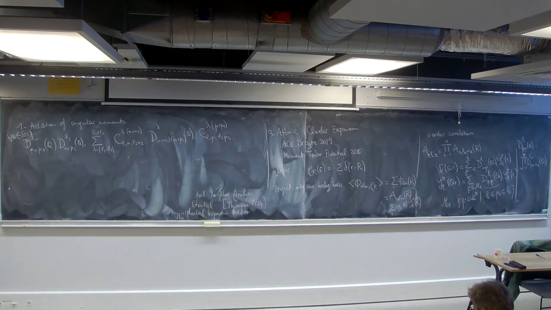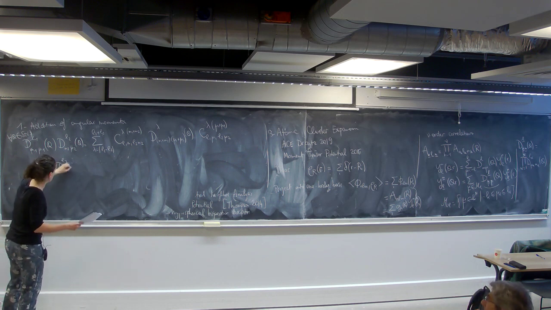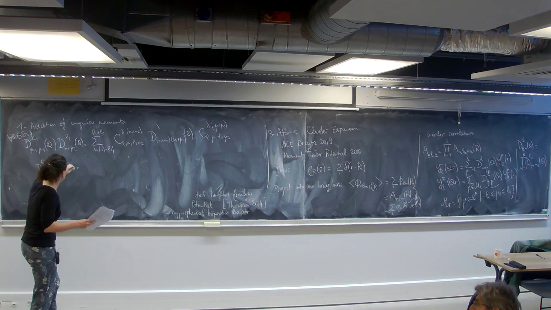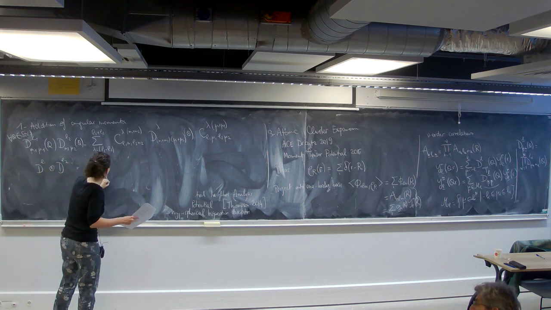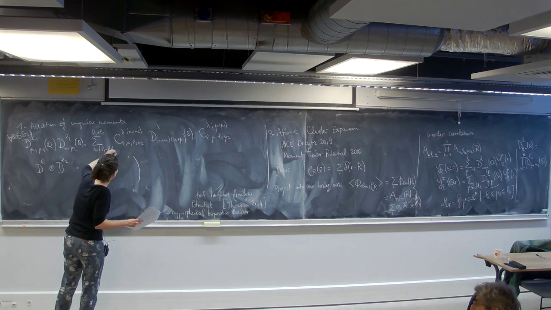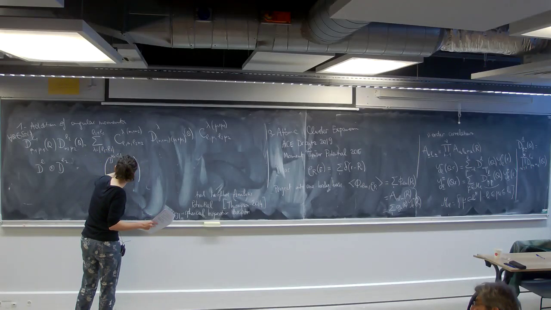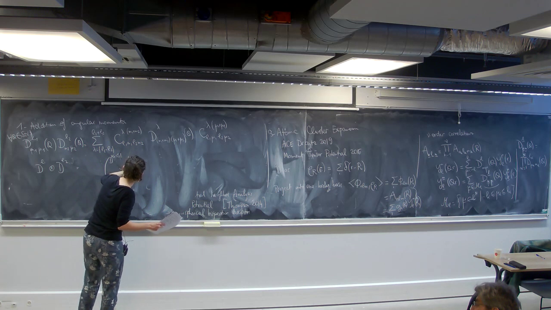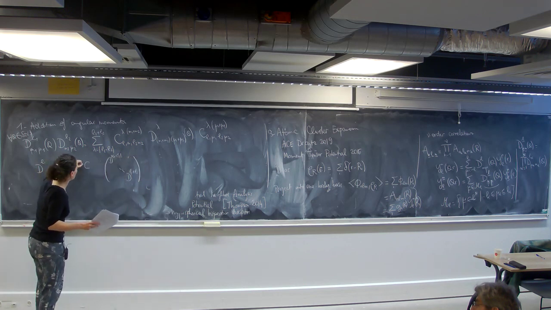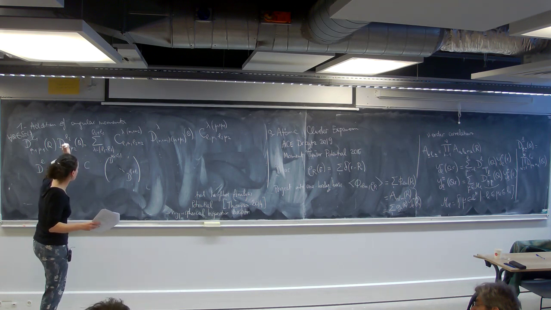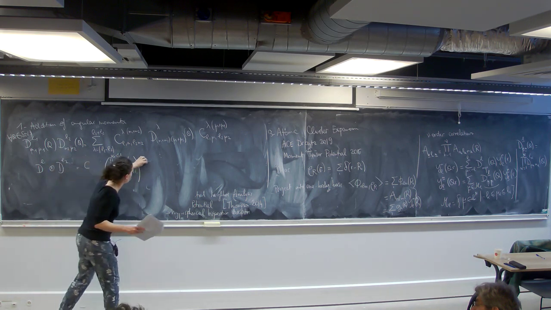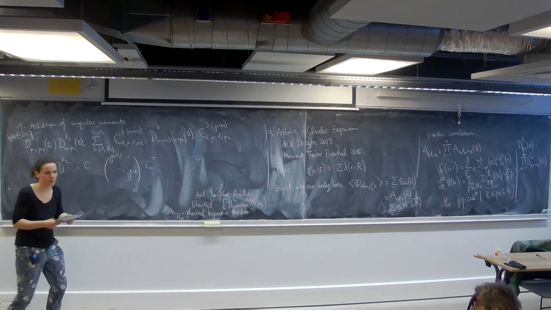So another way to write it, maybe in a more concise way, is that if you look at the product of D^{L1} and D^{L2}, you get something like the matrix here of D^{|L1 minus L2|} up to D^{L1 plus L2}, and then you have Clebsch-Gordan coefficients on the left and on the right.